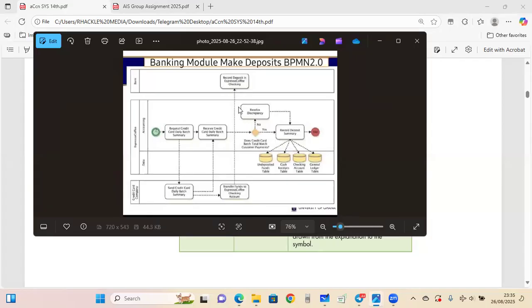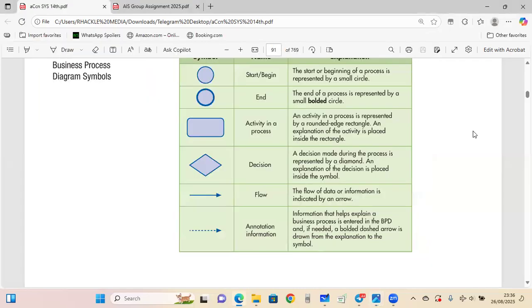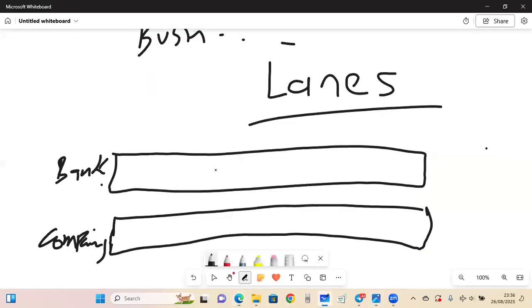So I think there's some discrepancy here. Okay, I understand. Here you can see that they are bold as compared to the one connecting to the data, right? So let's move on. So now, once you're able to identify these lanes, then you are good to go, right?